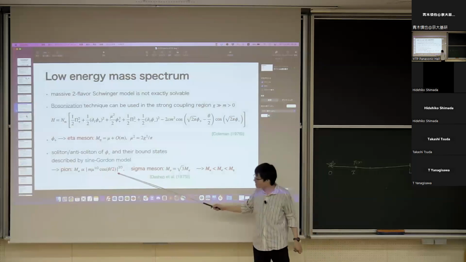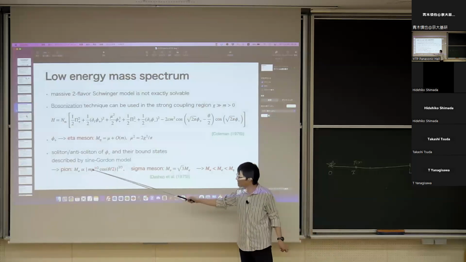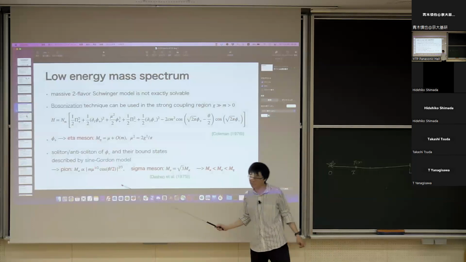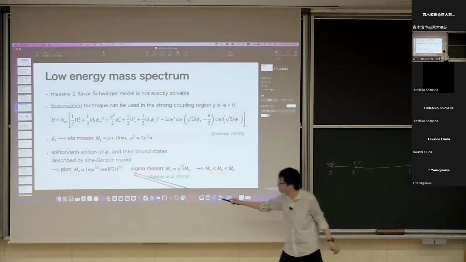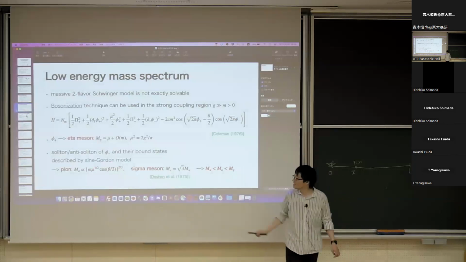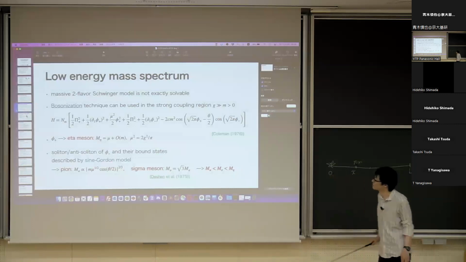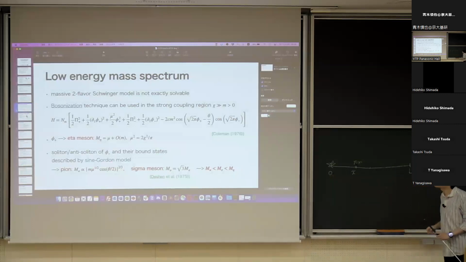If we can perform such an analysis, we can compare them. But now we just fix M and theta, so it's up to that comparison. Okay, thanks.